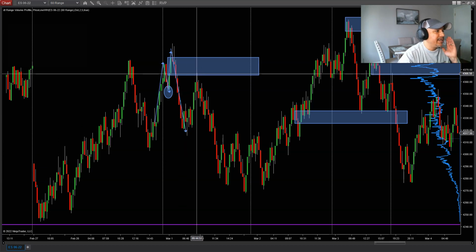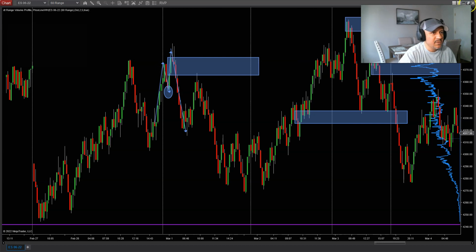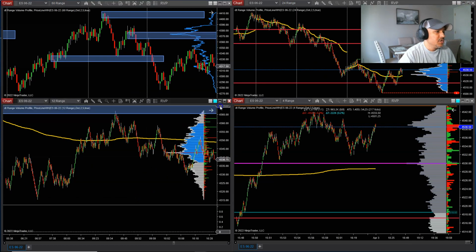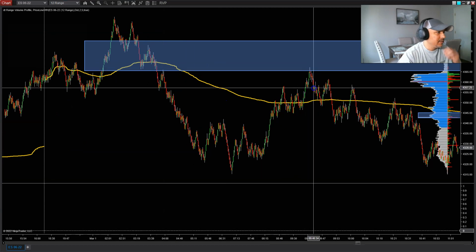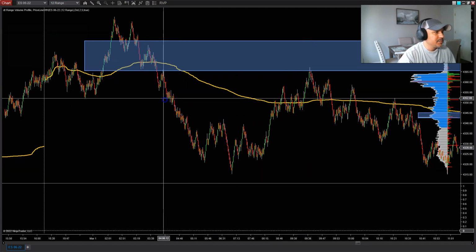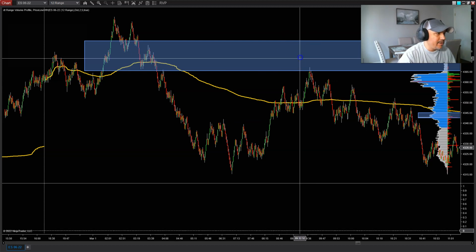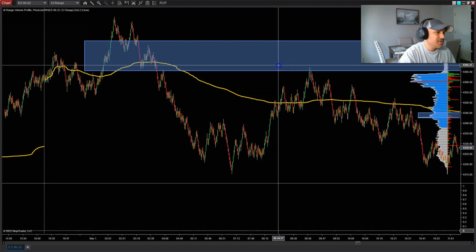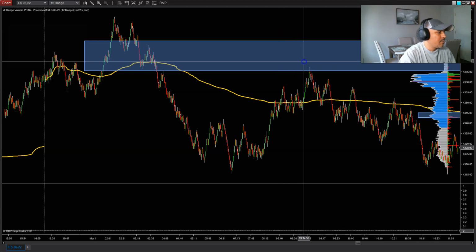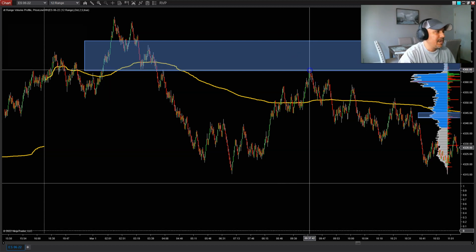So now that price has tapped back into this area of supply at 9:45 on March the 1st, we're going to switch over to the 12 range chart, step 2, where we have to see price starting to break structure to the downside, okay? This same blue area, this area of supply, is the same area on the 60 range chart where I showed you price pulled back into the area of supply. 9:40, 9:45, this area right here.